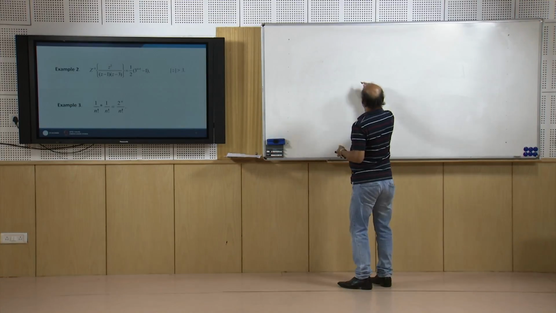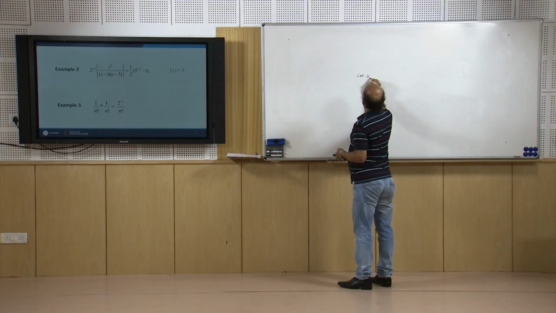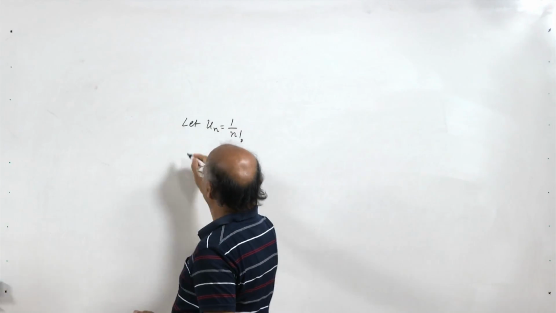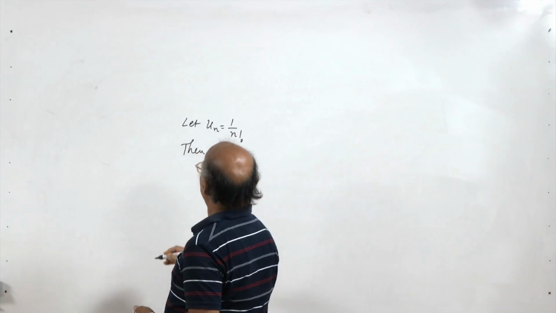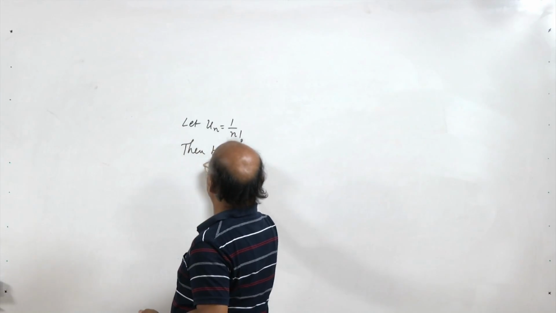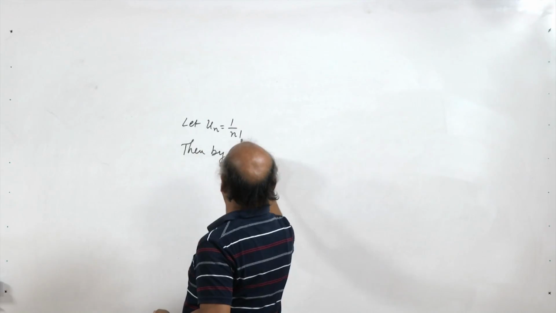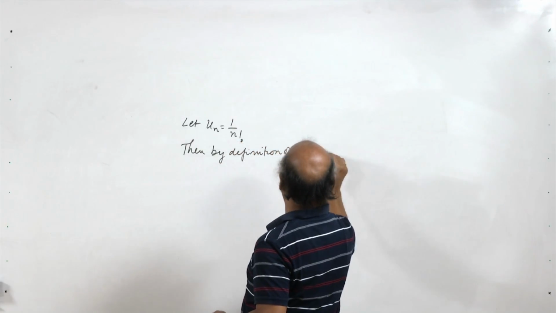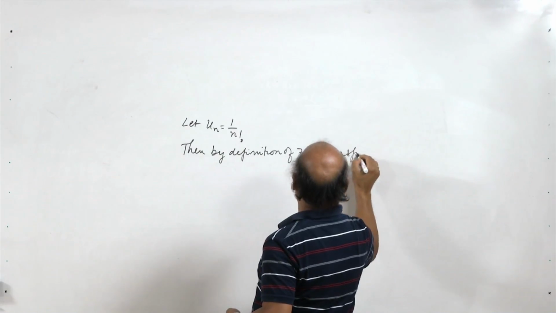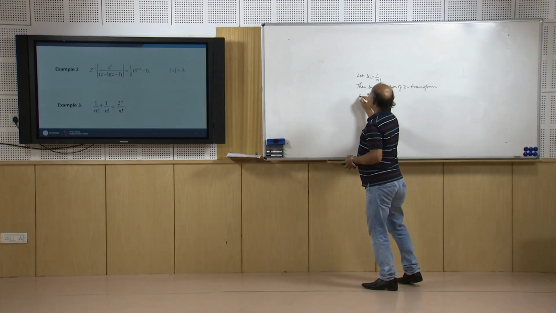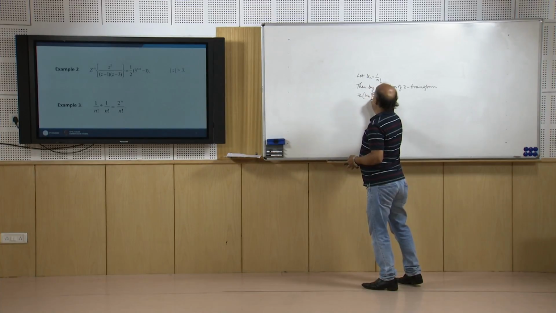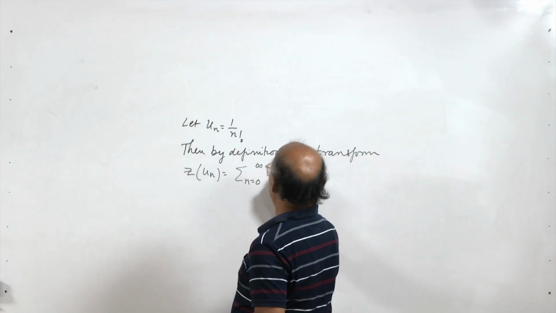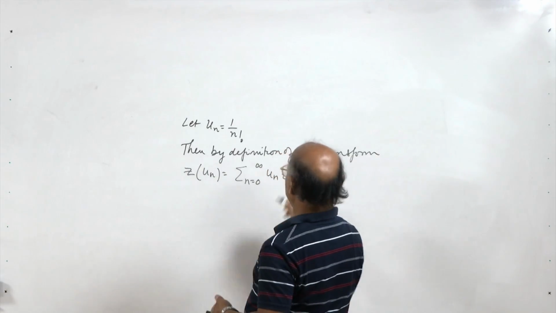So let us say un be equal to 1 by n factorial. Then we know that by definition of Z transform, Z transform of un is equal to sigma n equal to 0 to infinity un Z to the power minus n.